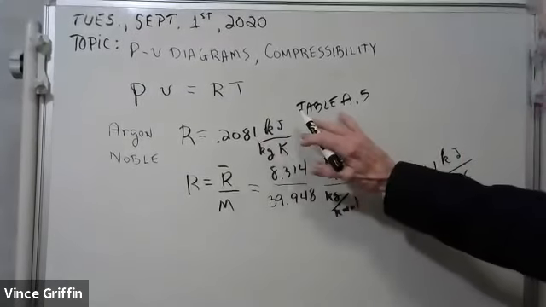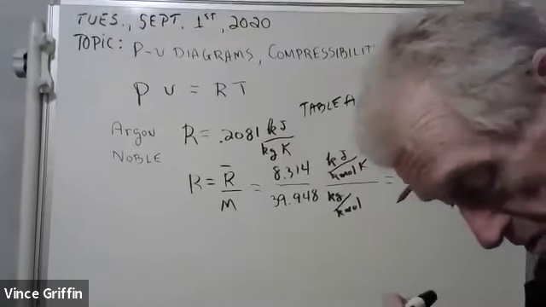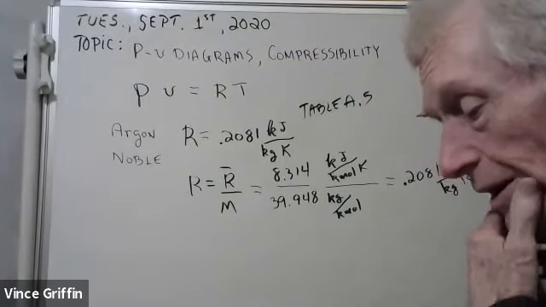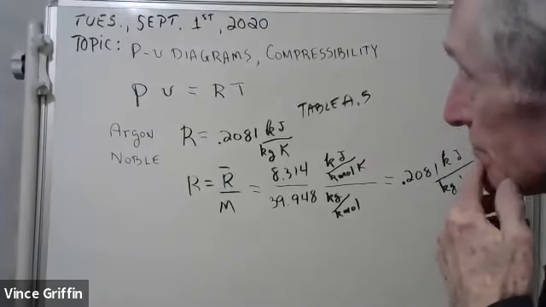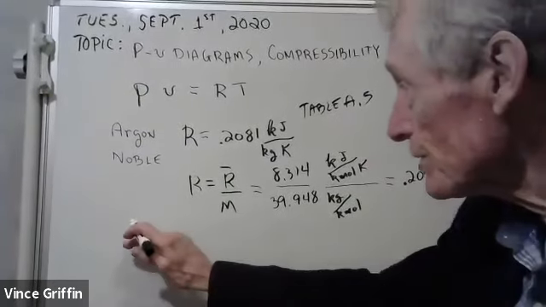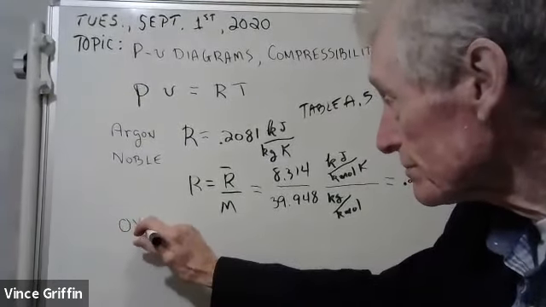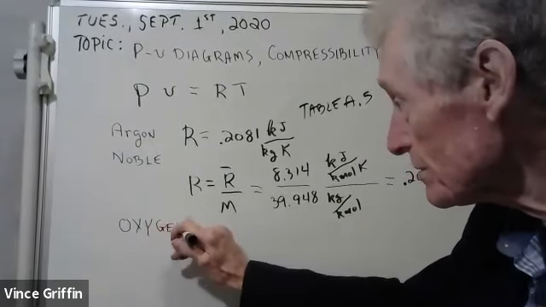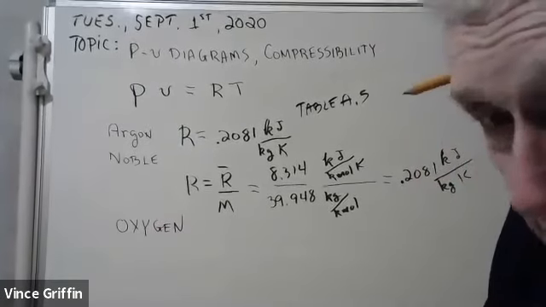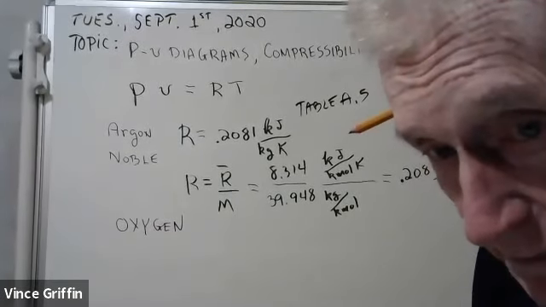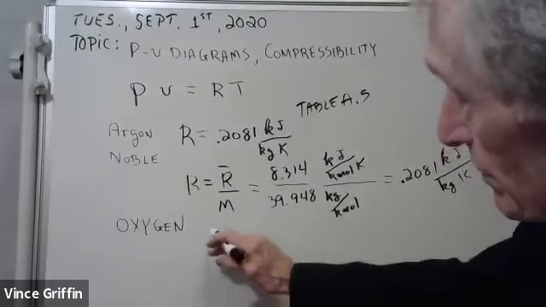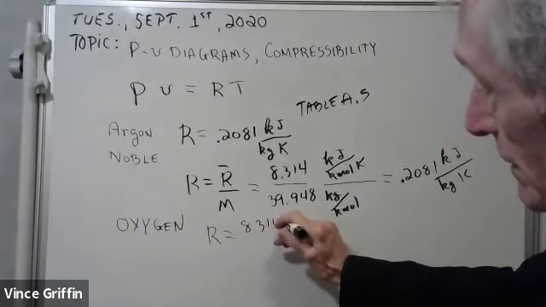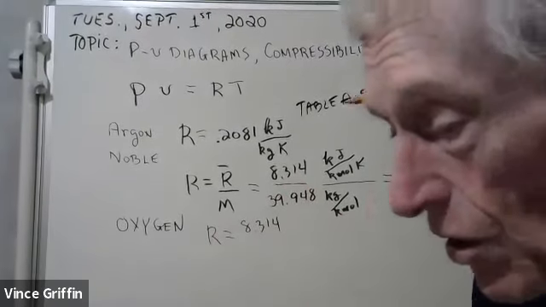Or you can just look them up in table A.5. See, now, like for oxygen, for instance, if you wanted to do oxygen, it would be 8.314, because see, that's for all gases.